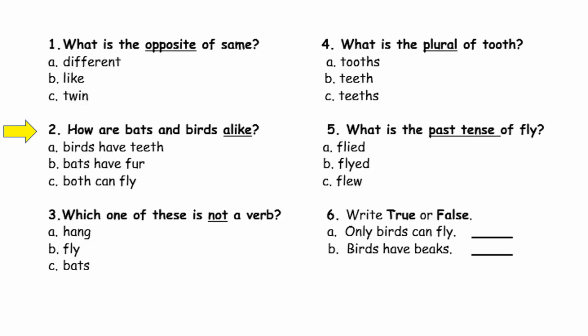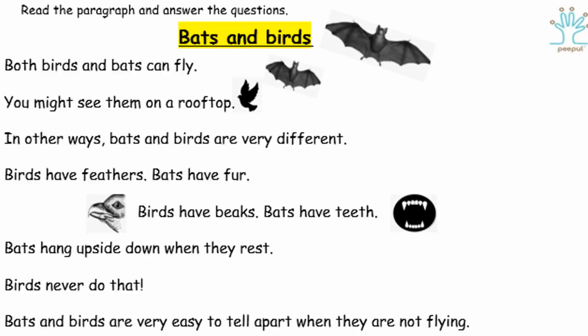Now it's our turn to do the second question. The second question says, how are bats and birds alike? Alike means same. So we need to go to the passage and see what is the same thing that both bats and birds do. Let's go back to the passage. What is same between bats and birds?